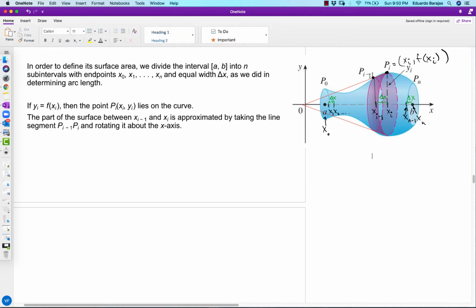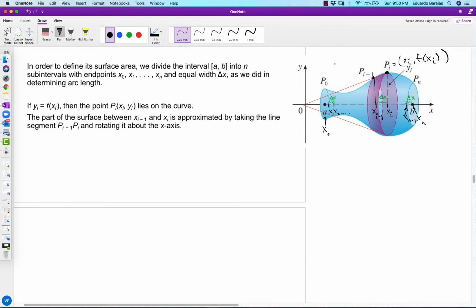So then this is the ordered pair x sub i minus 1, comma, f of x sub i minus 1, which is also equal to p sub i minus 1, and that refers to that point right there. And both p sub i minus 1 and p sub i are points on the surface. Good.